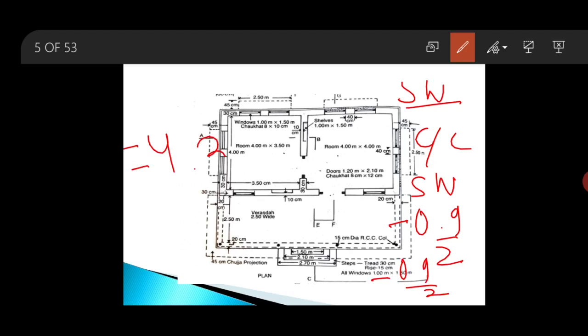Center to center length of short wall is 4.3 minus 0.9 by 2 minus 0.9 by 2, which is equal to 3.4. Clear? So number of short wall is how much? 1, 2, 3. 3 numbers of short walls are there.